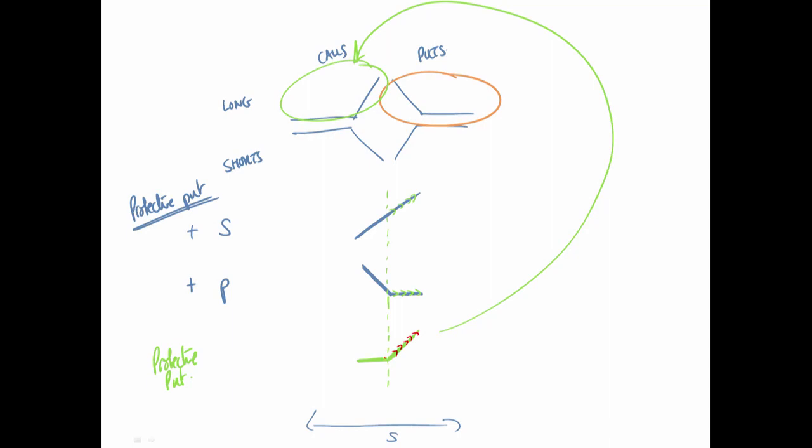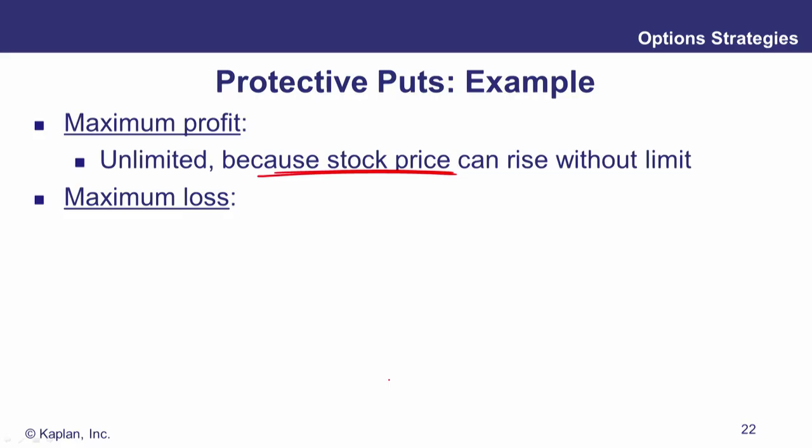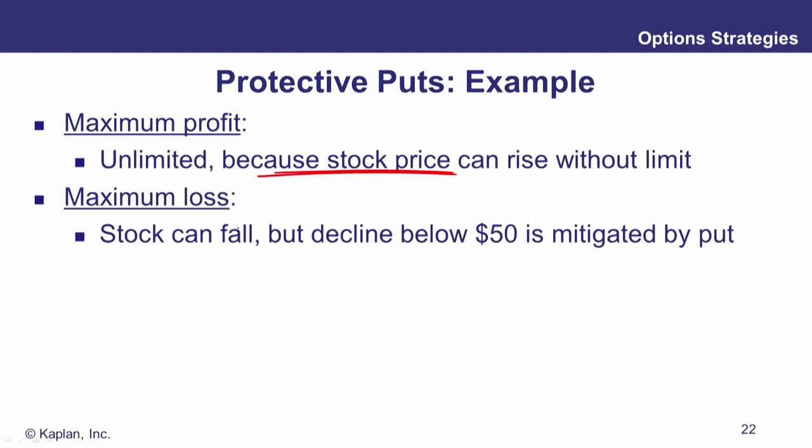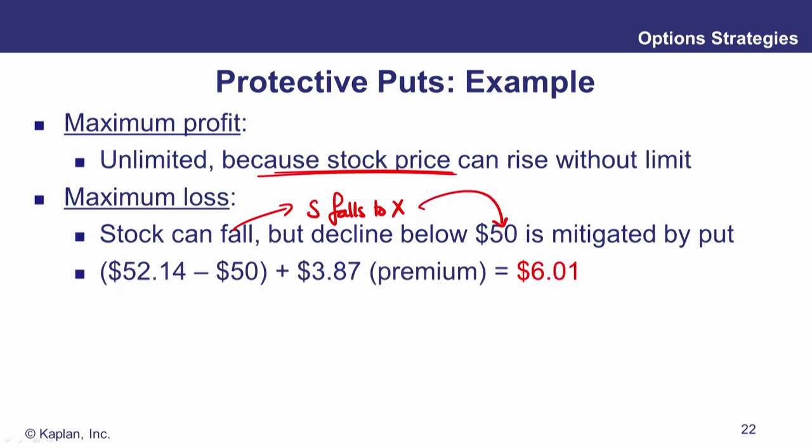Maximum loss. If you think about it, maximum loss on our green net position here is when we hit the strike of the option. So maximum loss occurs when S falls to X, where the protection kicks in. X, of course, is 50. So remember S that we buy for 52.14, that can fall. We've got exposure as it falls to 50, the strike price of the option.